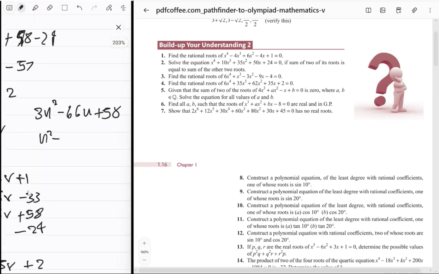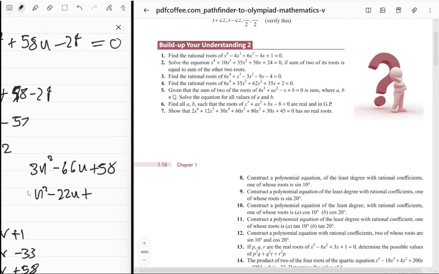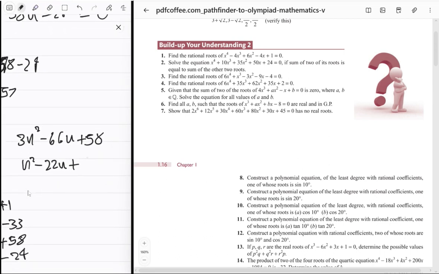And reduce that, this is u squared minus 22u, and then plus, what's this thing? Is that 58? Of course. Oops, wait, what? No, 29, sorry.